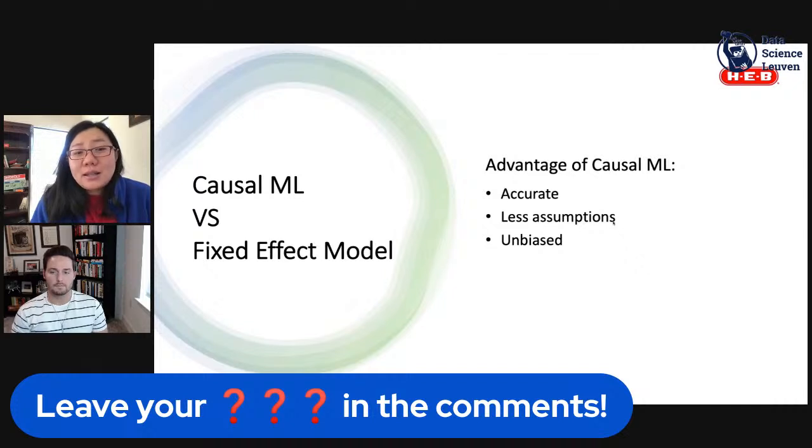Secondly, it needs fewer assumptions compared to fixed effect models. In fact, one of the big assumptions of the fixed effect model is that the unobserved variables will be consistent over time, which is hardly true. And last but not least, the estimator in Causal ML is unbiased, which is very important in the estimation part.